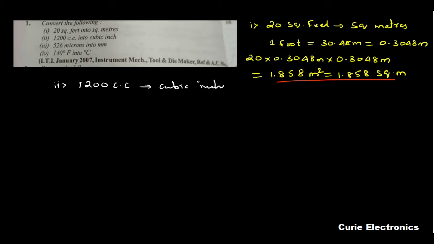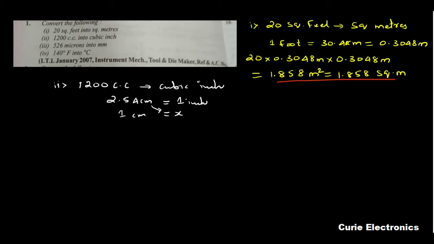Now 1 inch equal to how many centimeters? What we know is 2.54 centimeter equal to 1 inch. But what we need is to convert it into inch. So now 1 centimeter equal to how many inch we have to find. So this we will take as x.